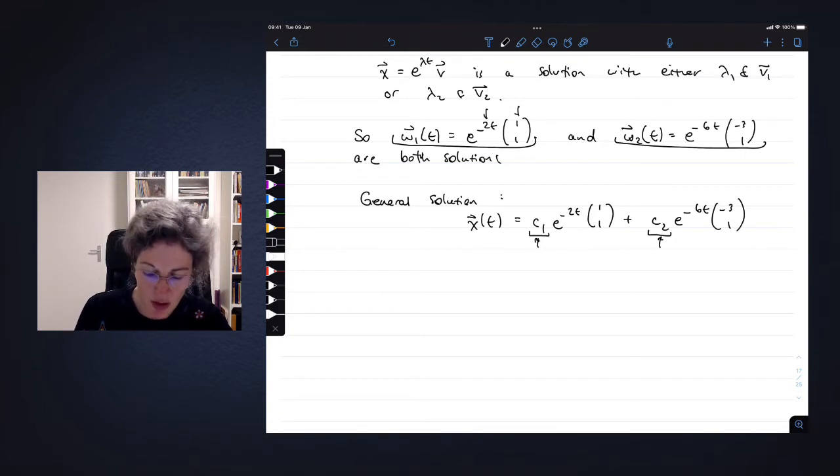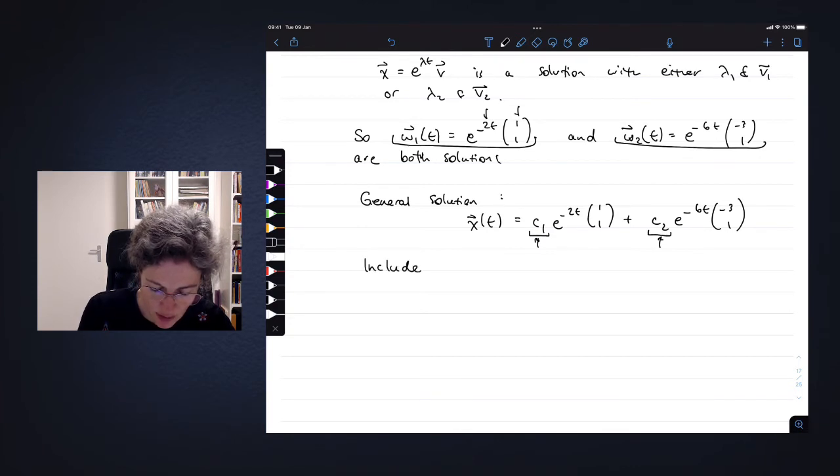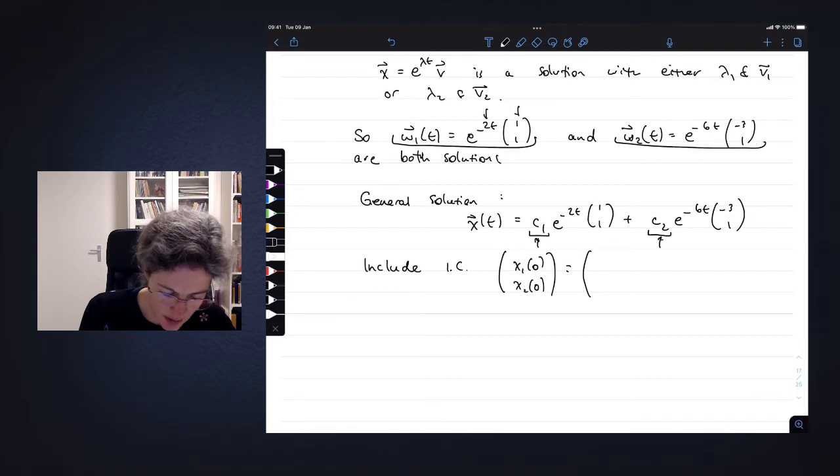All right, so that's our general solution. Now we want to find the specific solution to include our initial conditions: x1 at time t equals 0 is 1, x2 at time t equals 0 is 3. So you plug that into our equation over here.